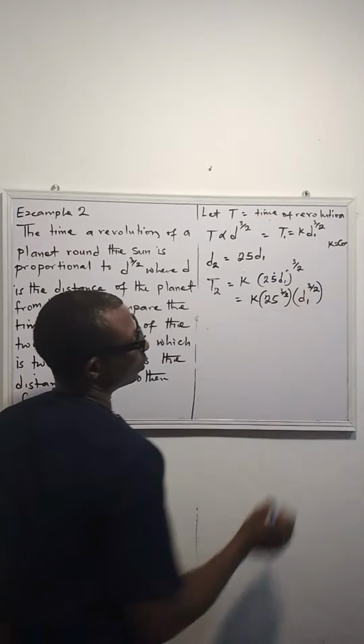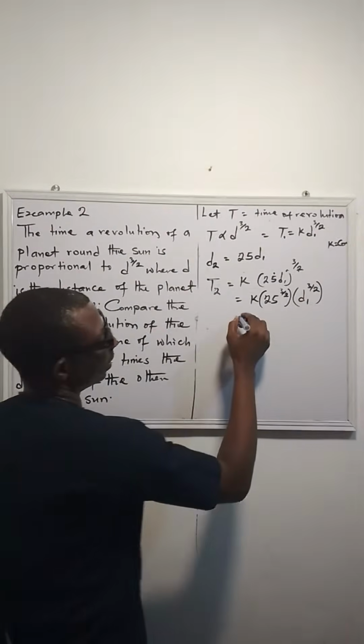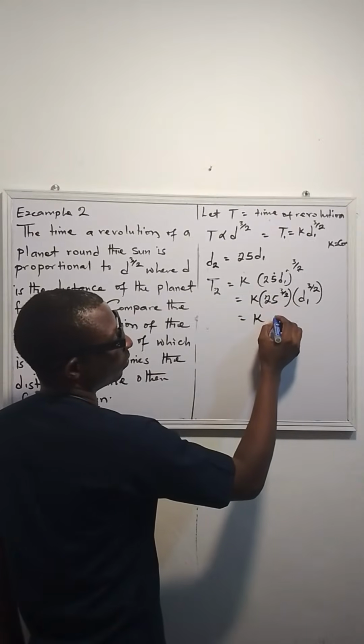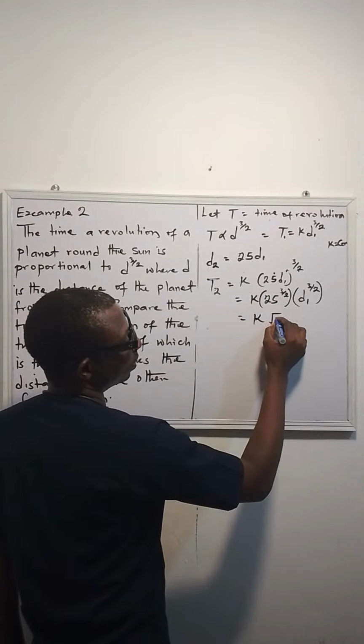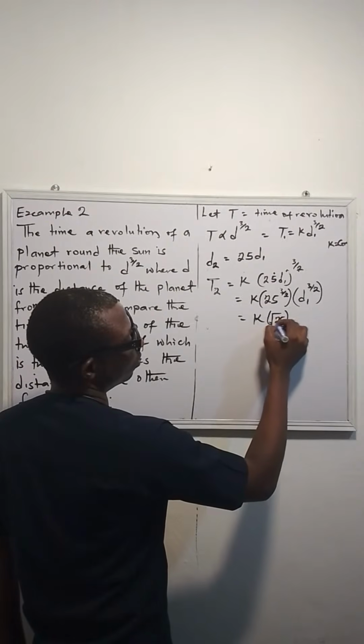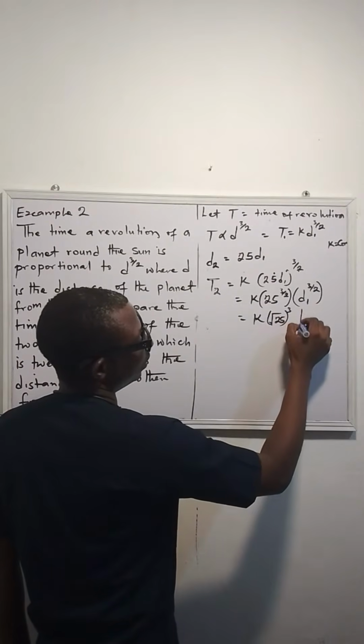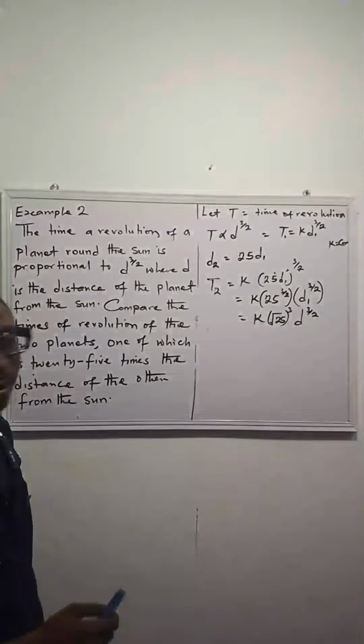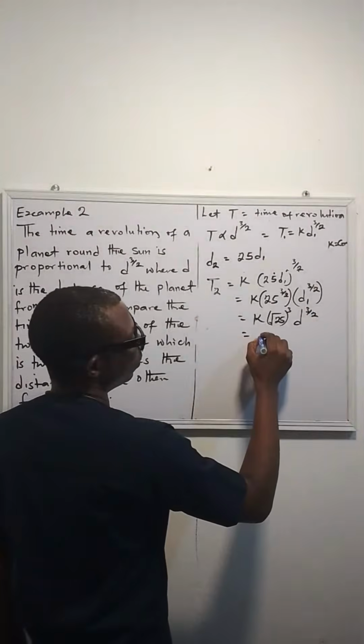Now, this is going to be the square root of 25 raised to the power of 3, times d1 raised to the power of 3 over 2. Hope you get that.